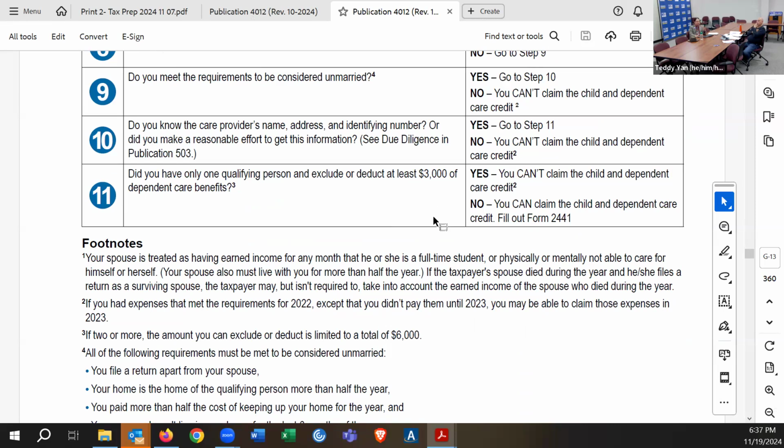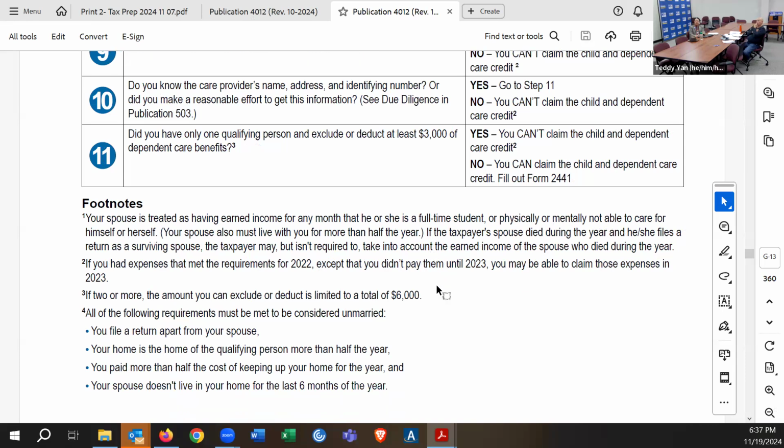If you have 2 people, you can claim up to $3,000 per person. If you have more, then you're limited to $3,000 per person and $6,000 total.